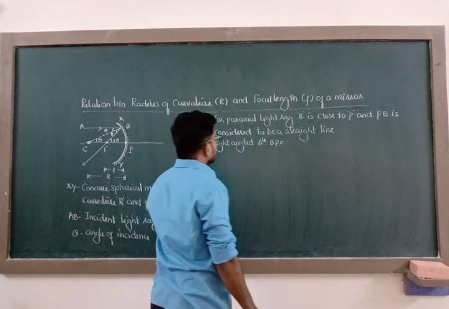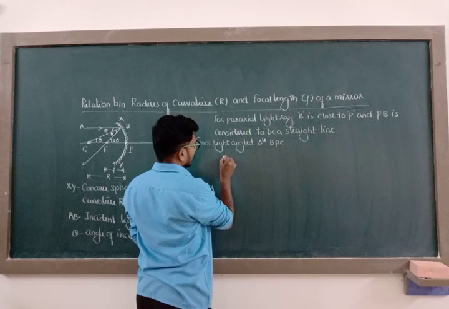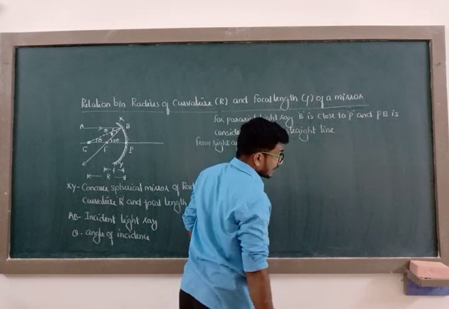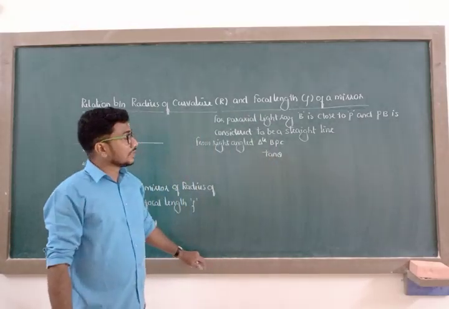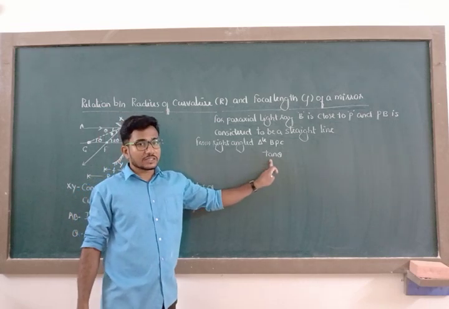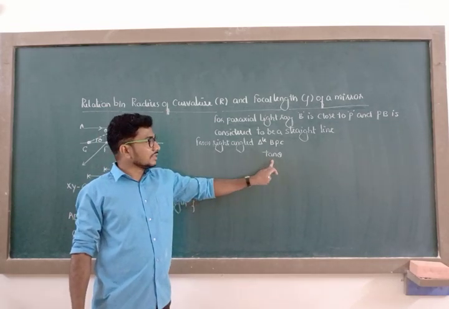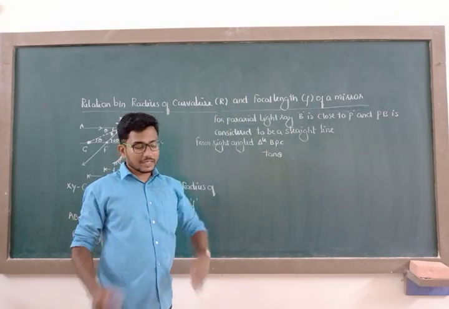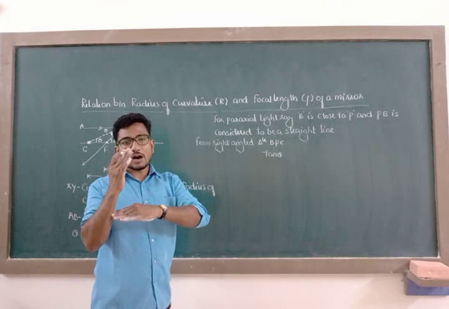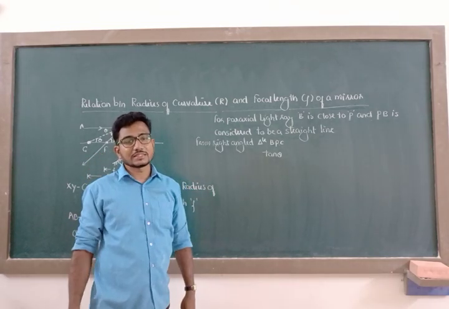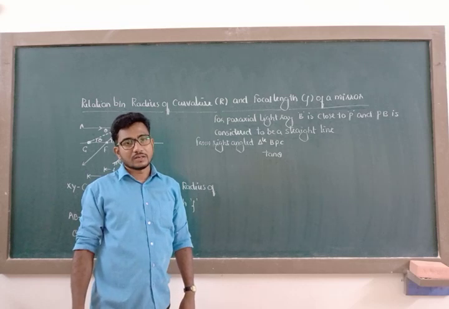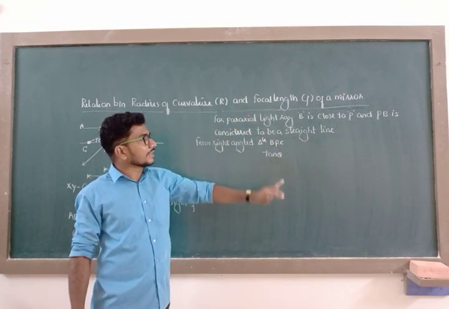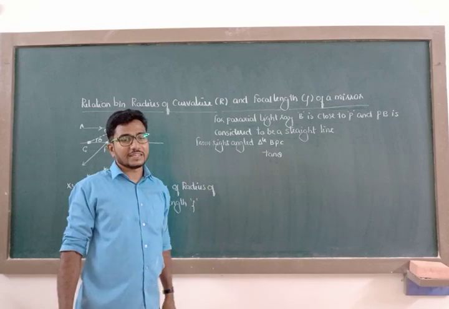From right angle triangle BPC, tan theta is equal to... Now I am going to consider tan theta, because by considering this trigonometric function tan theta, easily we can derive the relation between R and F. In a right angle triangle, tan means opposite side divided by adjacent side.